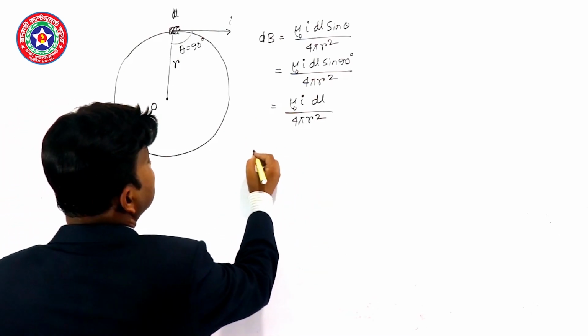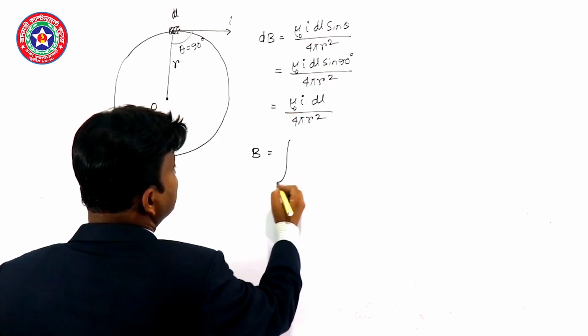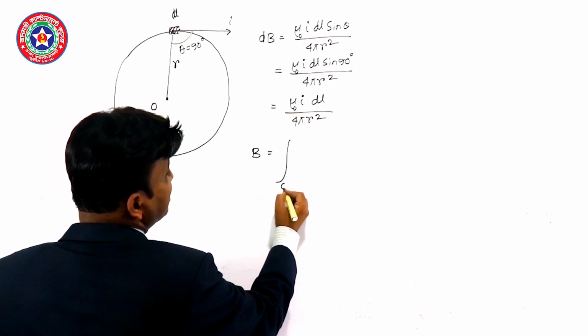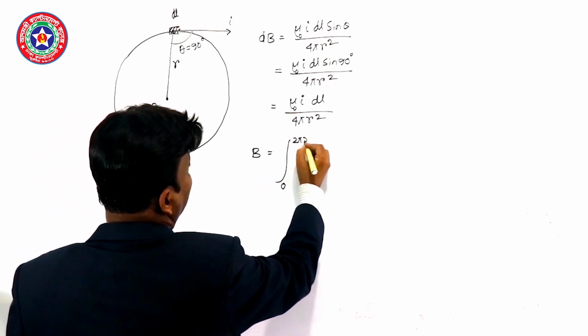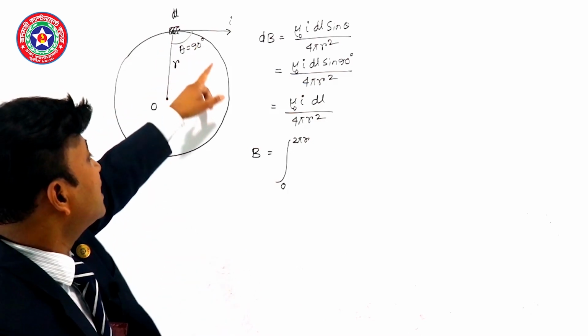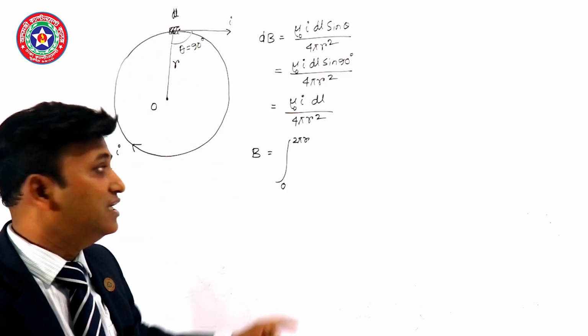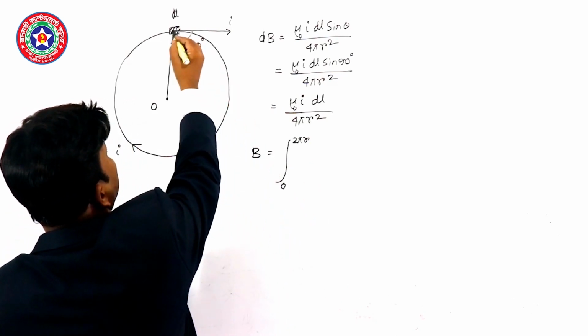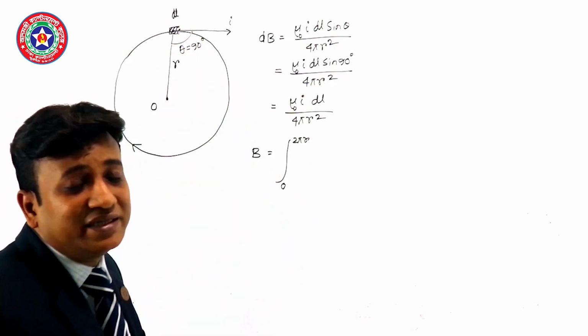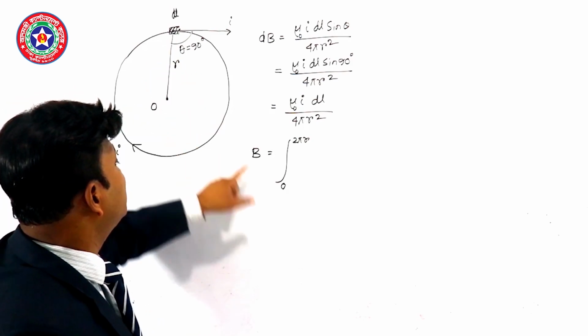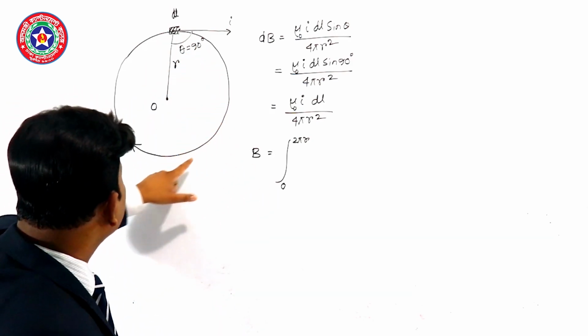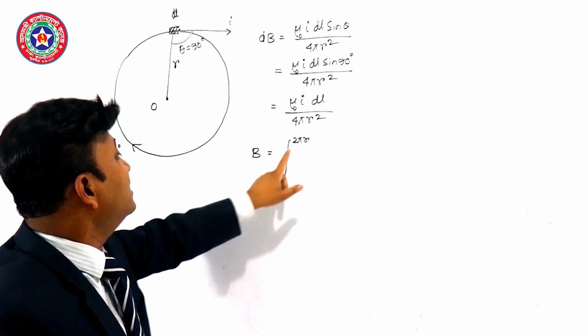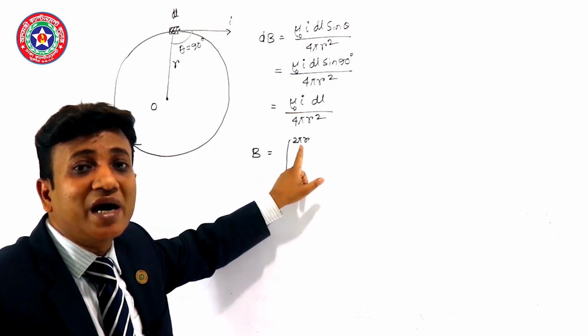Then we get B equals the integration from 0 to 2πr, because we know the circumference of this coil is 2πr. When we start from dl, its initial value is 0, and when we complete the total circle, its distance will be 2πr.